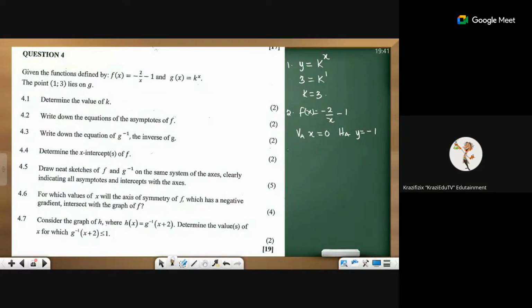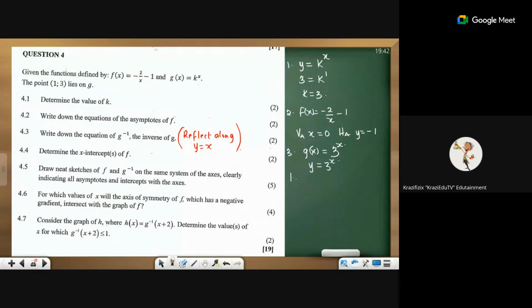Number 3, what are we doing? Inverse. Remember what we've done here. Reflect along y equals x. See it that way. That's why we're swapping, because we're saying y is x. Let's start by writing g of x. Our g of x is 3 to the power x, which means y equals 3 to the power x.